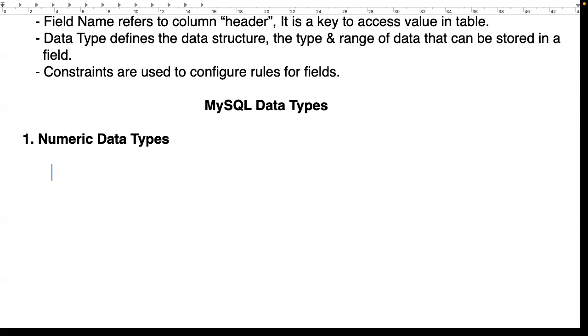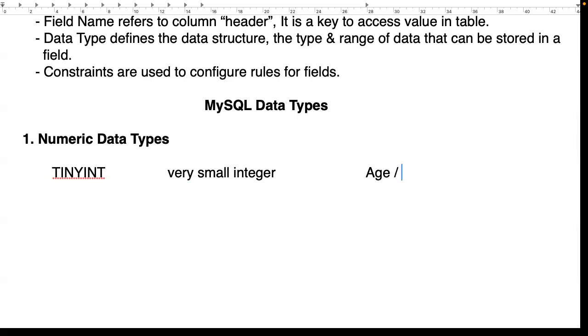We have numeric types, tiny int. So tiny int is a very small integer. Mostly it can be used for something like age, right?